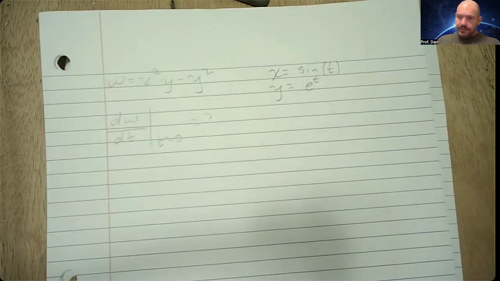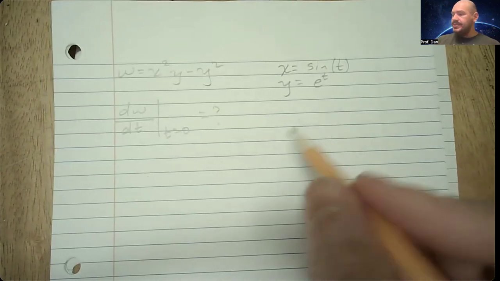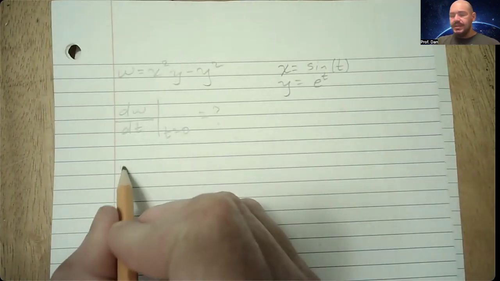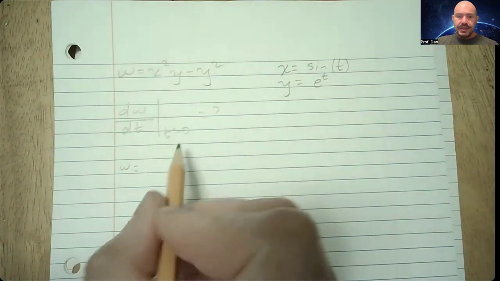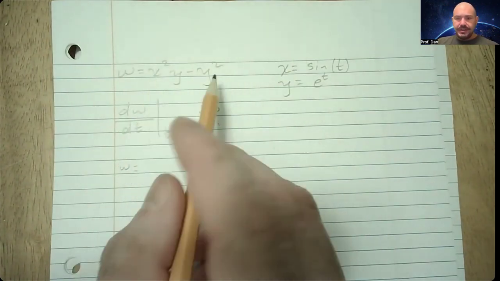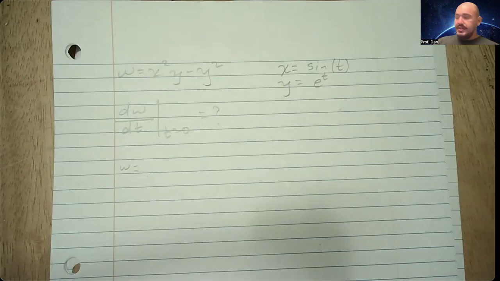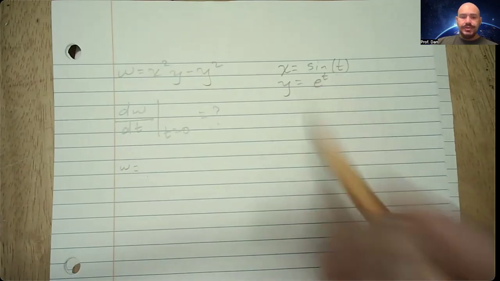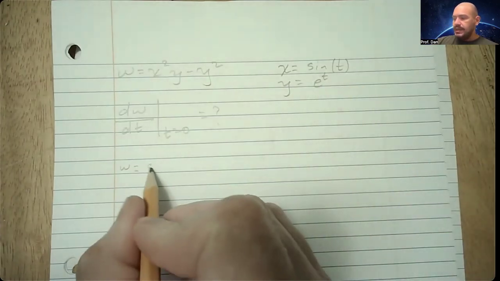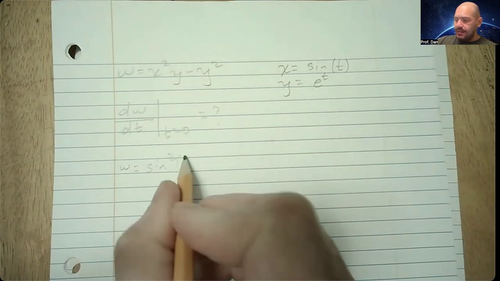Before I talk about chain rule stuff, one thing we can do is rewrite w so that it's only in terms of t. Anywhere that I see x, I could replace that x with sine of t, so we get sine squared t.